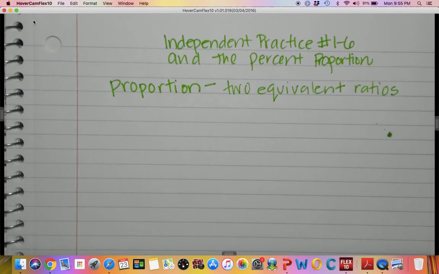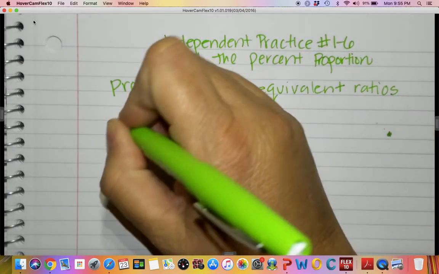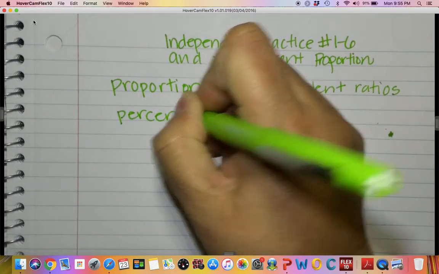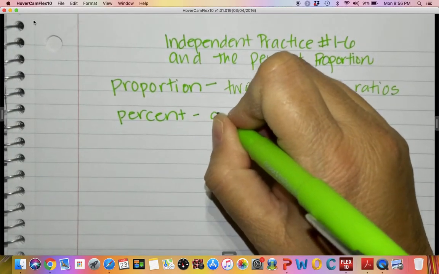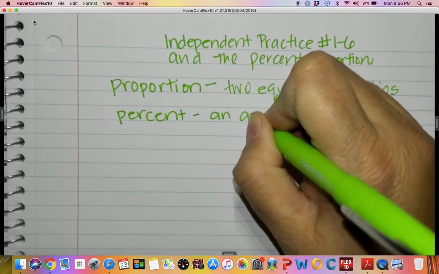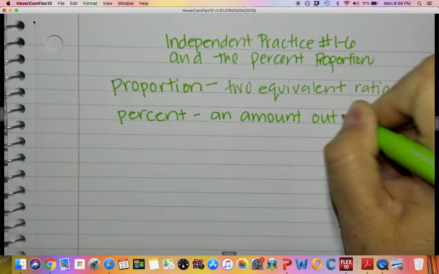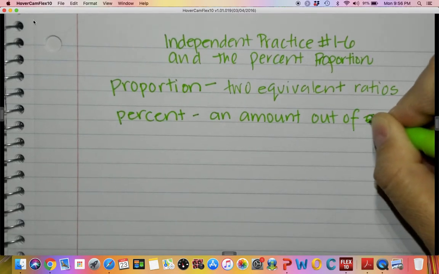So with a percent, we know that it is an amount out of 100.